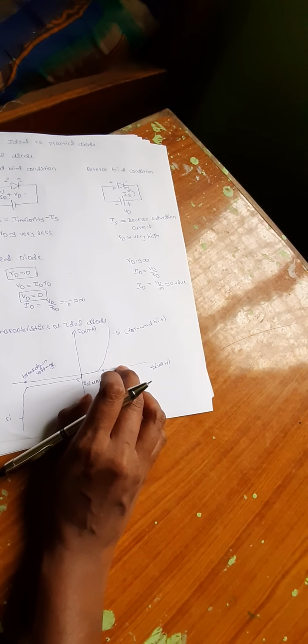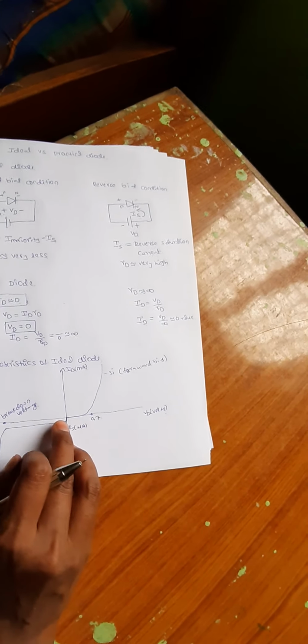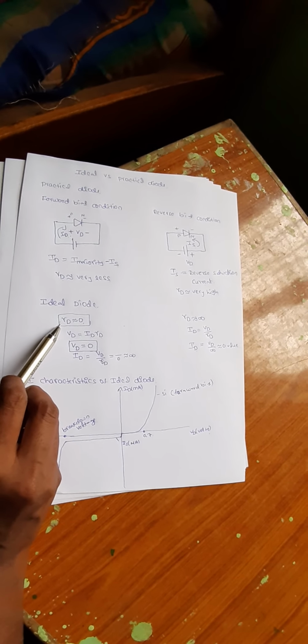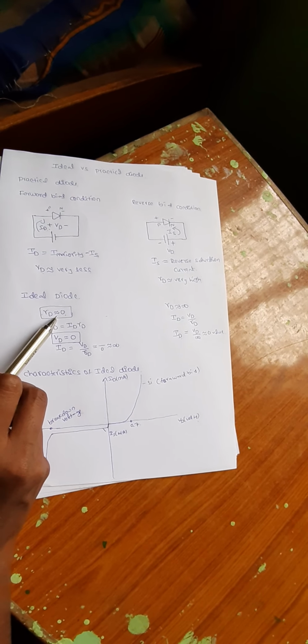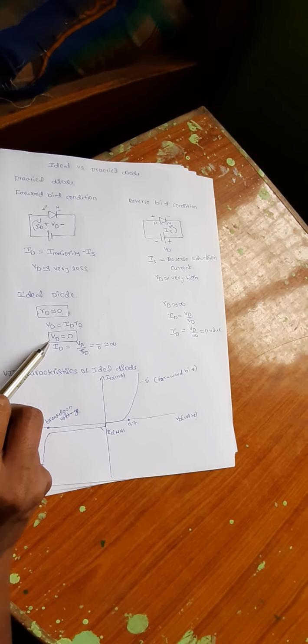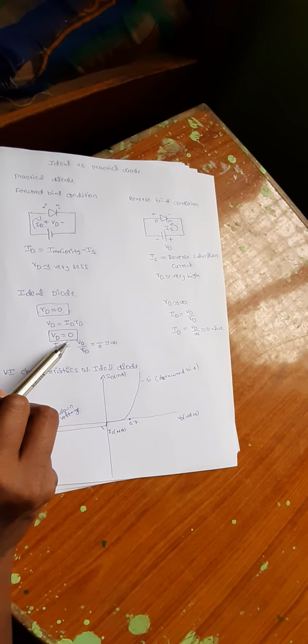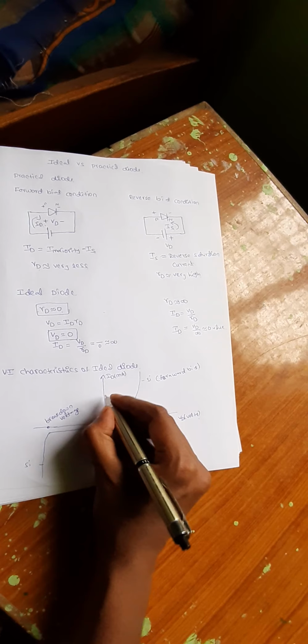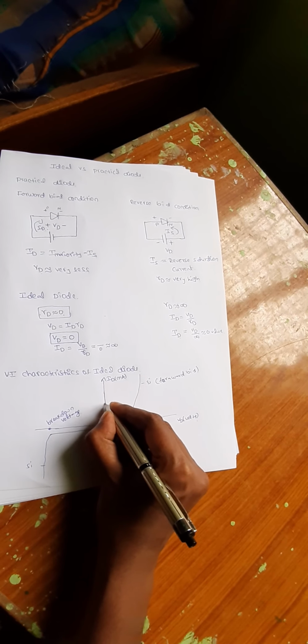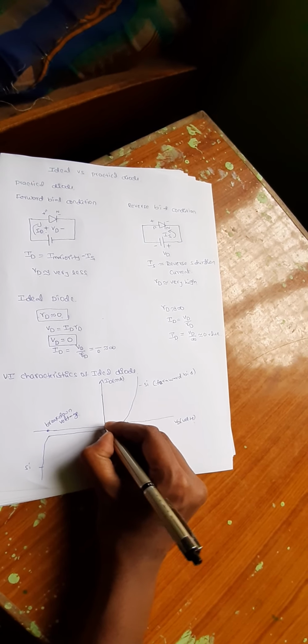Now we go for the ideal diode. For the ideal diode, the resistance across this diode is nearly equal to 0. For that, the VD value we get is 0.